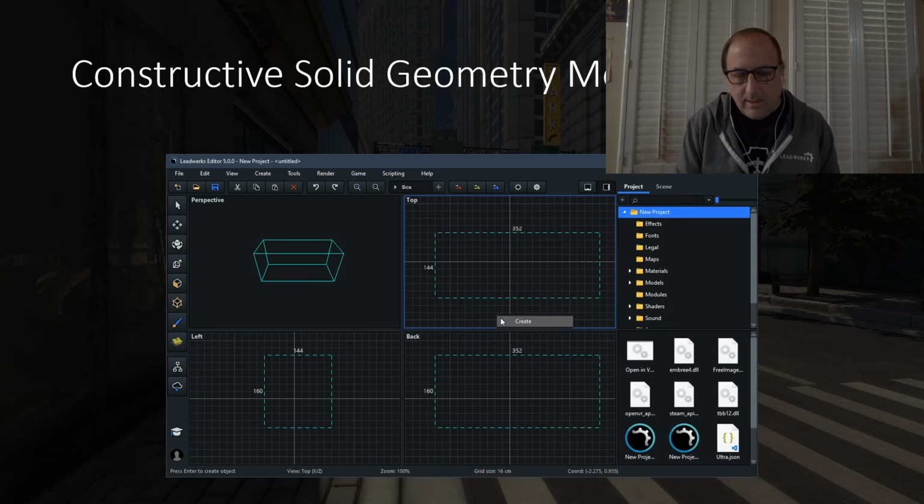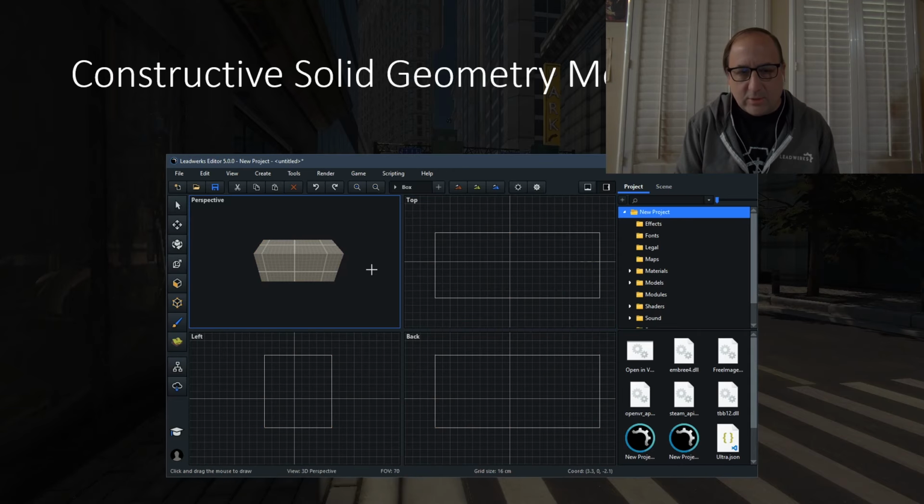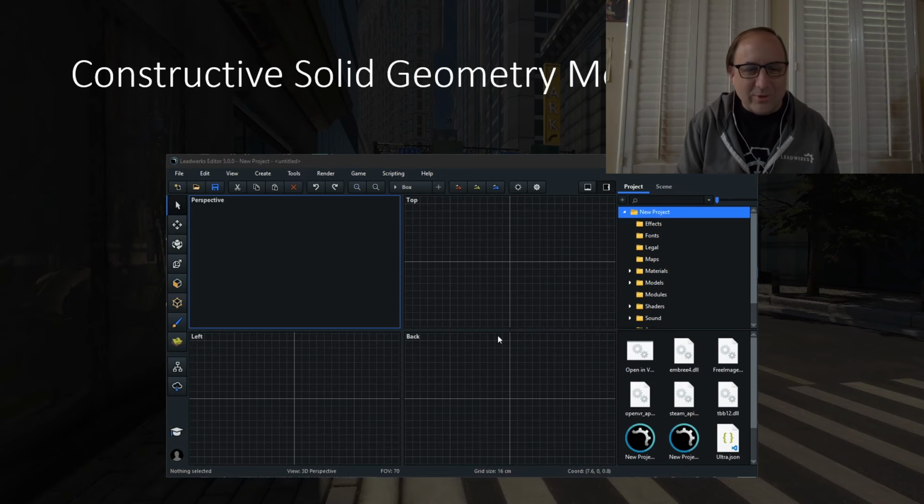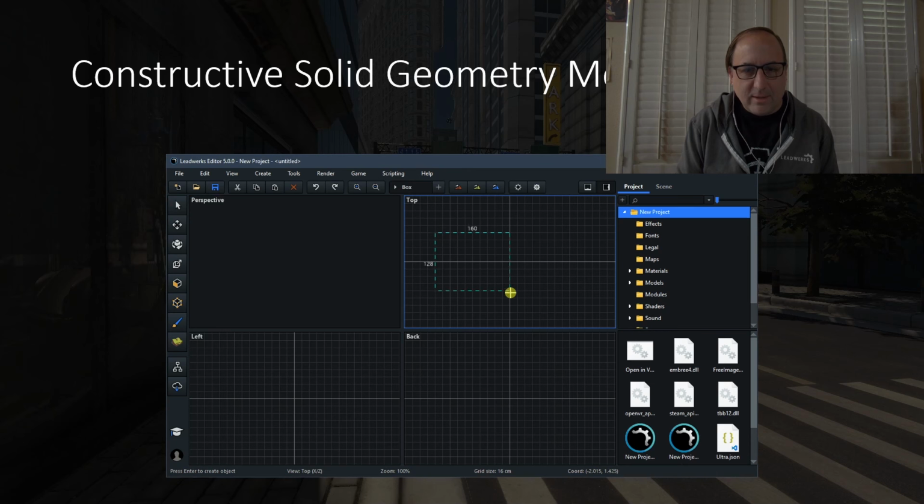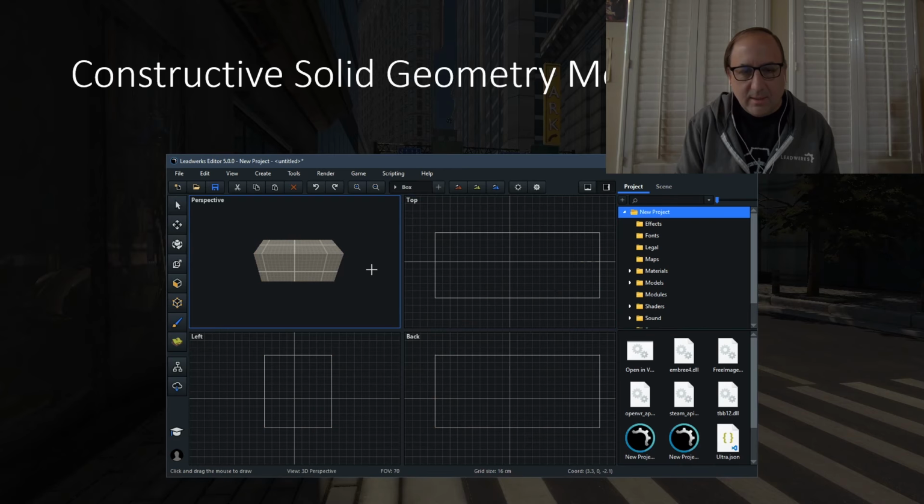It used to be that the constructive solid geometry produced results that were inferior to what you could do in a modeling program, because it would just be very blocky geometry with sharp edges.